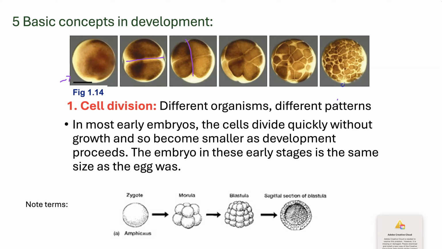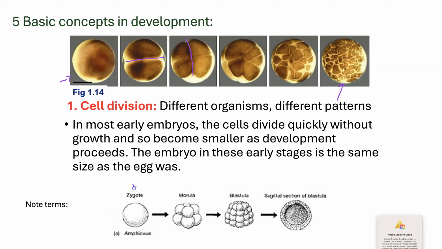So notice that this stage, which is quite a bit later, is the blastula stage, which we'll talk about momentarily. It's almost the same size as the egg. And that's because the cells, as I said, divide without any growth. So the cells are smaller and smaller and smaller, but the organism is the same size.